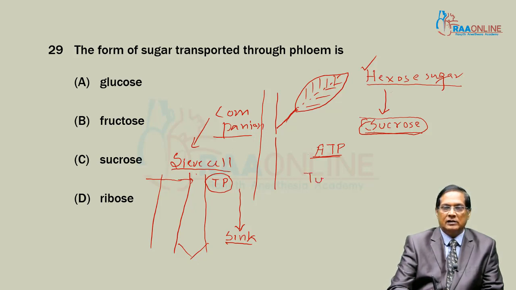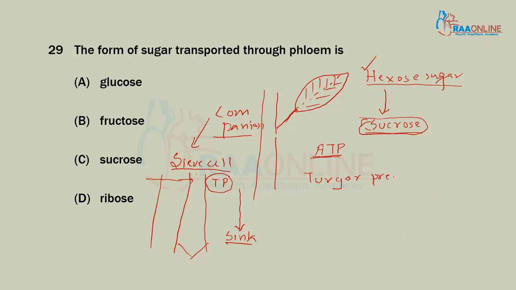So there is a turgor pressure gradient between source and sink, mainly responsible for mass flow, that is, bulk flow of sucrose.